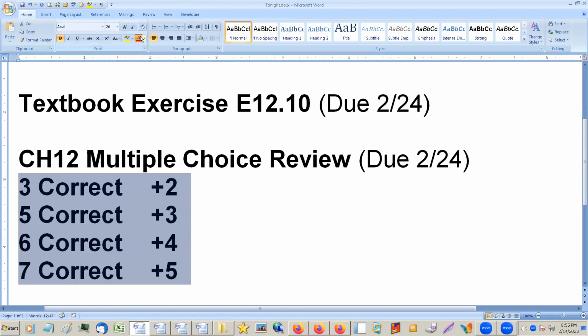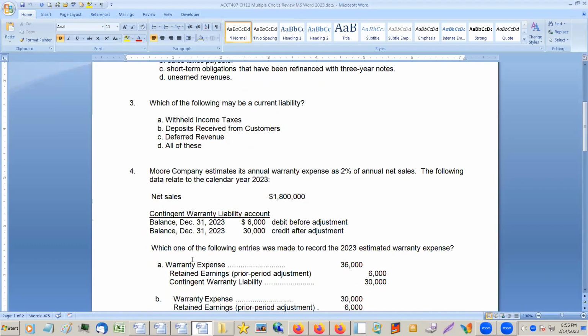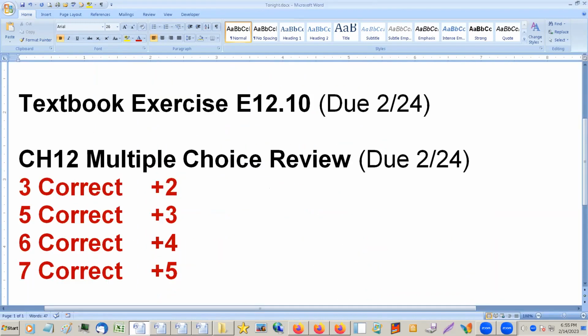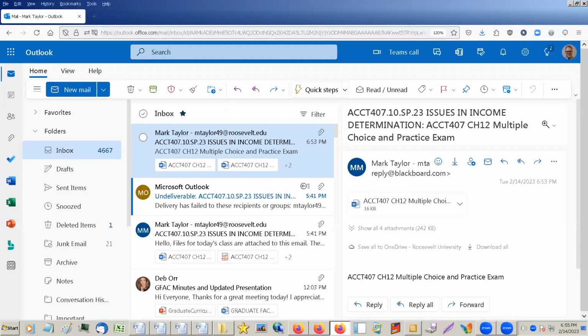Now you're wondering, how do we tell you what we're choosing for these multiple choice questions? So here are the multiple choice questions. They have A through D. I am going to start a poll. You should have a poll show up that shows questions 1 through 10. We only need to put in 7.